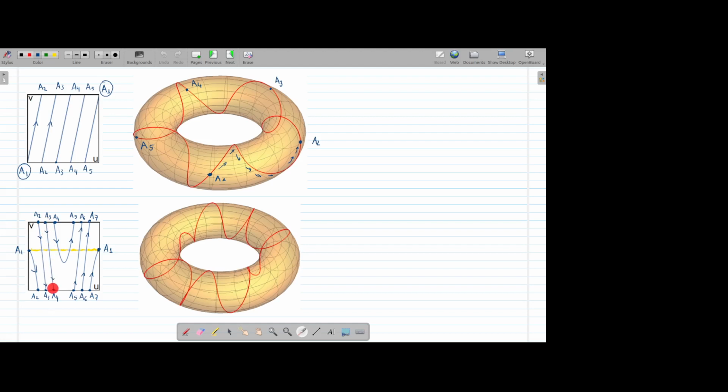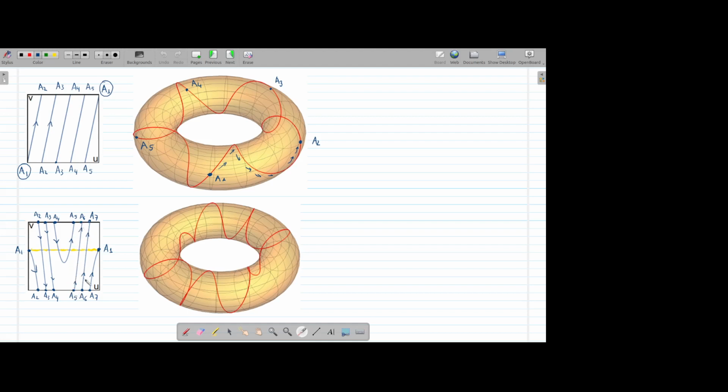Then it continues on, reaches point A4, and then it makes a U-turn here, and then reaches a point A5 located here on the top line. Now it's moving upwards. A5 is identified with that point. Then the particle has now to continue moving upwards.